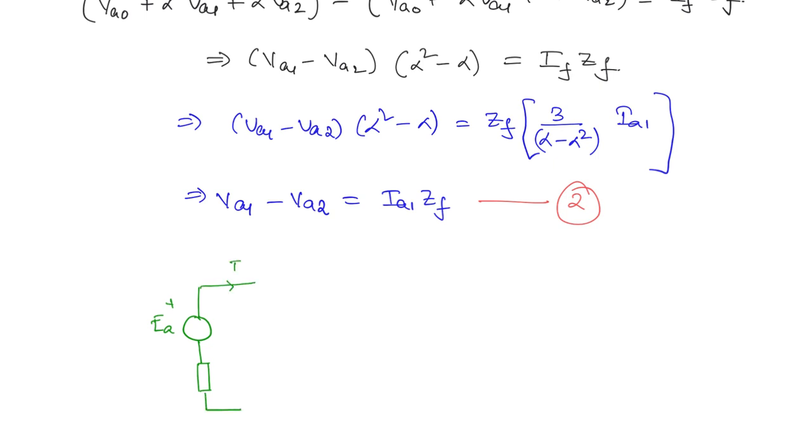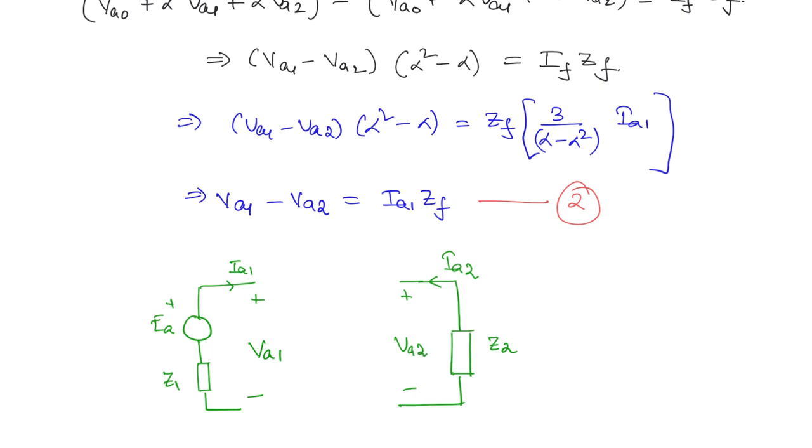This current will be IA1 and this voltage is going to be VA1. And similarly, this is the positive sequence impedance, here the negative sequence impedance is Z2. Okay. So now the current flowing out of this is IA2 and the voltage across this is VA2.